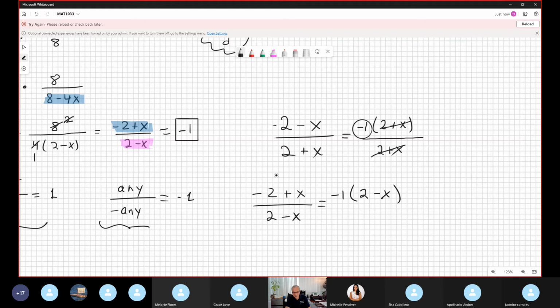Let me verify if I did well or not. -1 times 2 is -2. Cool. And -1 times -x is positive. Cool, I did well. Actually, it's not a common factor, but I enforce it to factor out -1. And the bottom stays the same. I don't touch it. You see that this is canceled, and the answer is -1.